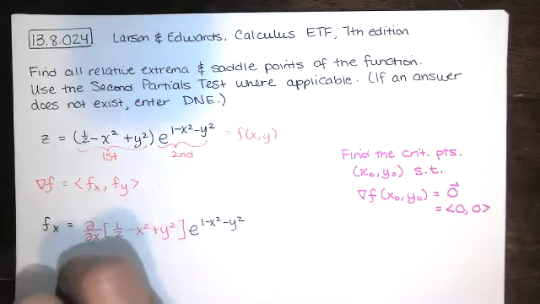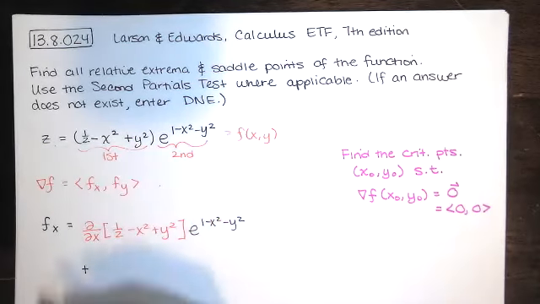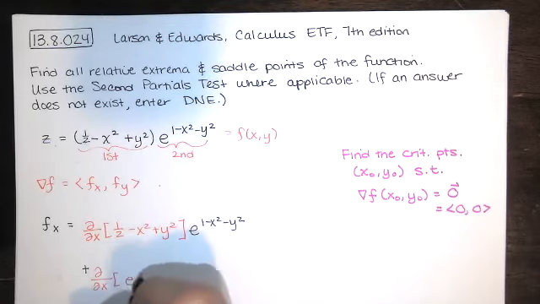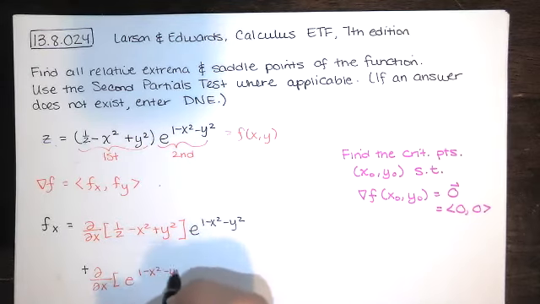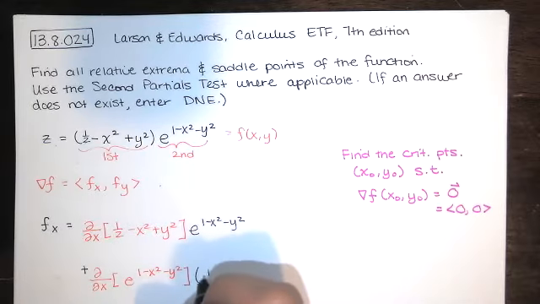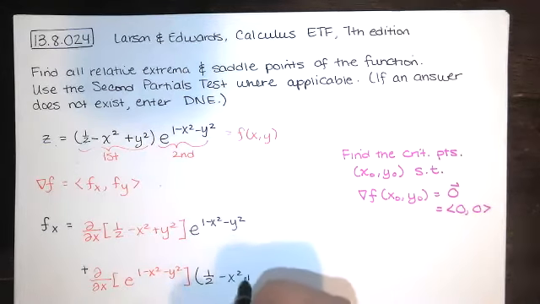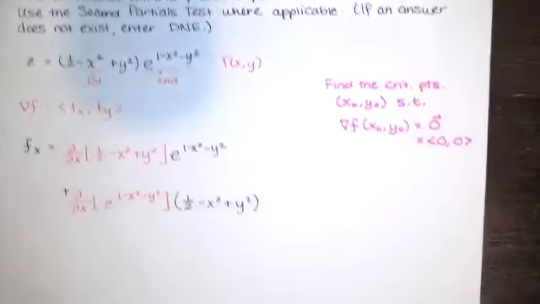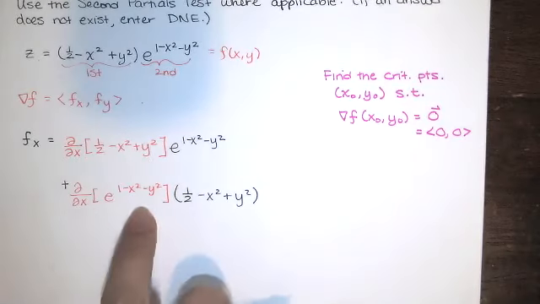And then we add the derivative of the second function with respect to x, treating y as a constant, times the first, undifferentiated. Okay, so we're here, and now I just need to compute this derivative and this derivative.